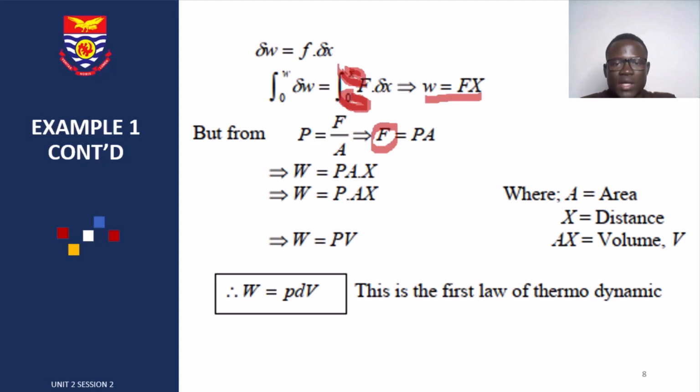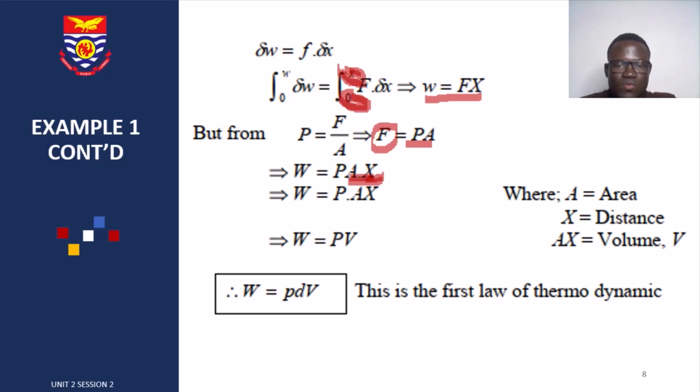Now we can substitute this PA into our initial formula Fx, which will give us pressure times area times the distance x. So this Ax represents our change in volume, where x represents the distance, A represents the area, and P is the pressure.